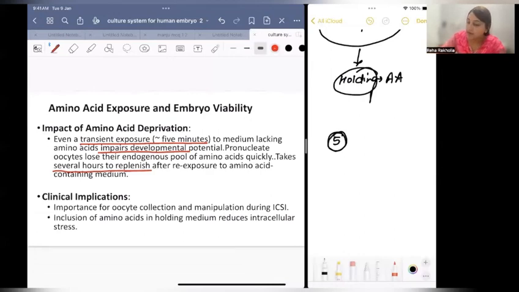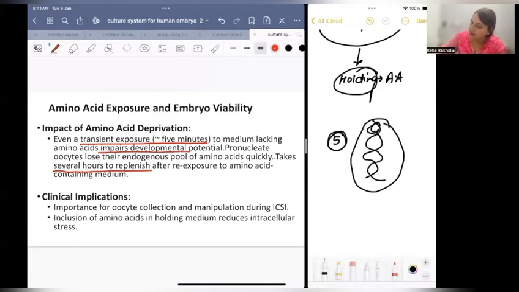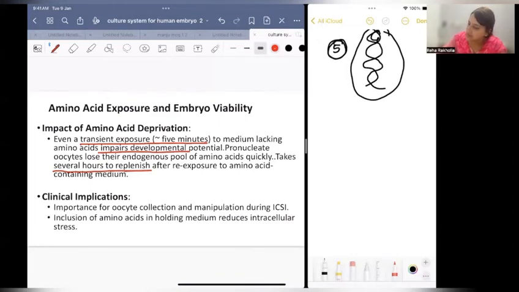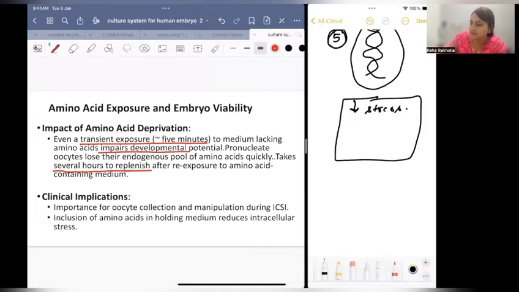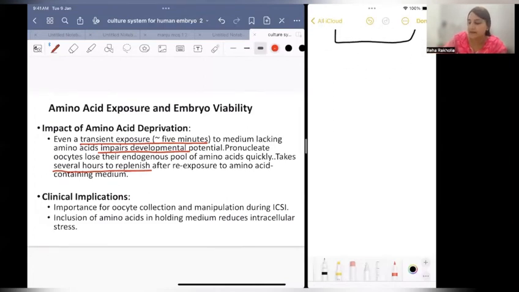They also help in aligning gene expression and decrease intracellular stress, so it supports development. Post-compaction, it regulates a better internal environment.